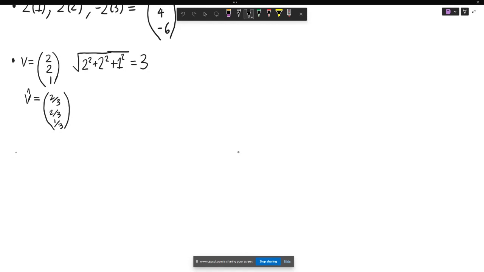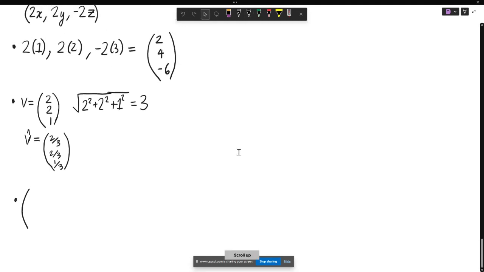Now, to calculate the directional derivative at this point in this direction, we need to do what? Dot, yeah, dot product is correct. So we have what we had before, which was 2, 4, and minus 6.